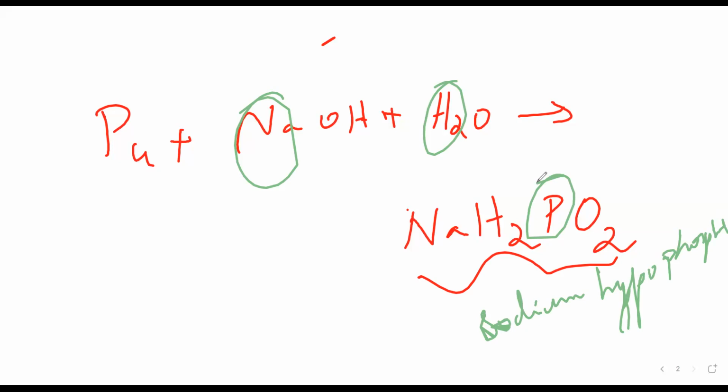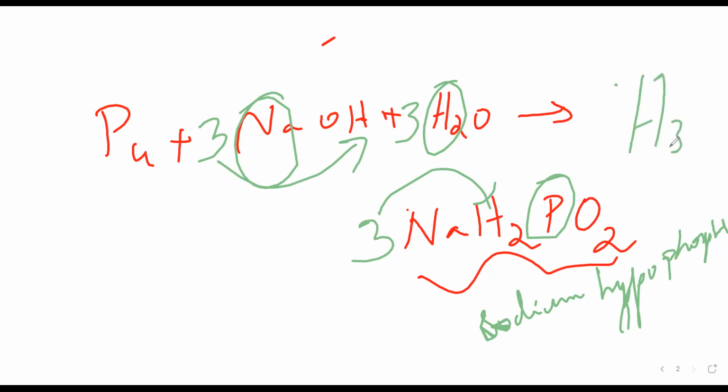And sodium hydroxide, NaOH is there. If you are balancing everything, I have to balance here: 3 and 3 here, so 3 sodium. Then what is left is 3 hydrogen, because 3H2 is used. So 3 hydrogen is left, PH3. This is the general reaction for sodium hypophosphite.